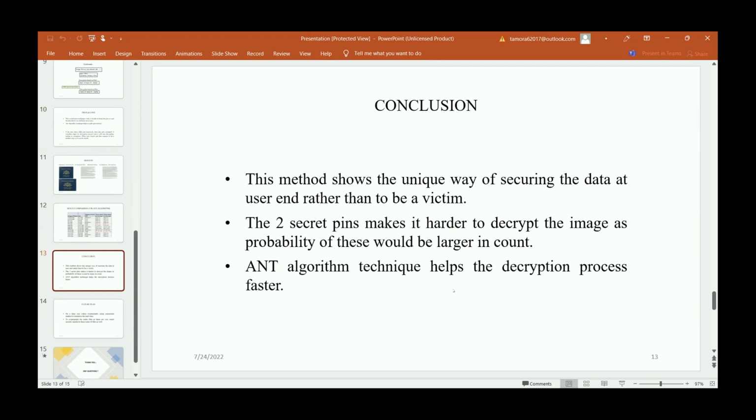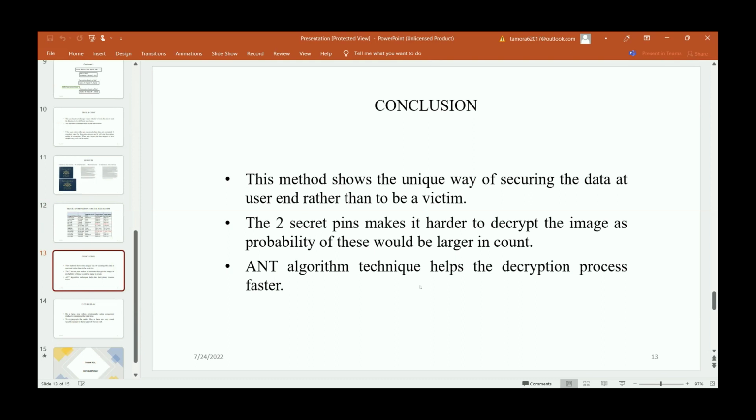Okay, so coming to the conclusion, this whole method or technique shows a unique way of encryption and decryption, of how to secure the data at the user end, whether on our laptop, mobile, or any tablet, anywhere. So that is the strength: we need not worry whether my data is safe when I share my sensitive images or videos with anybody.